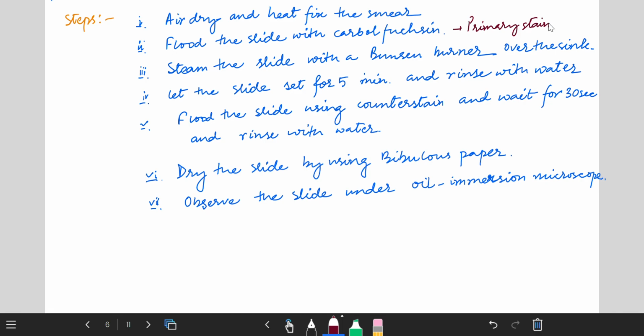It means steaming will increase the penetration power of the primary stain. Then in the fourth step, let the slide set for 5 minutes and rinse with water.